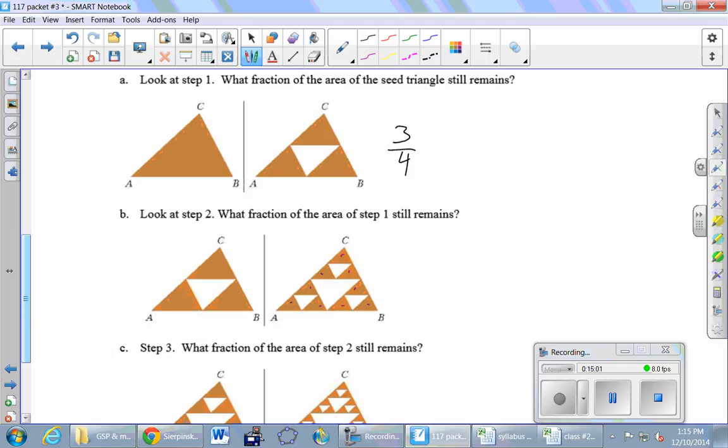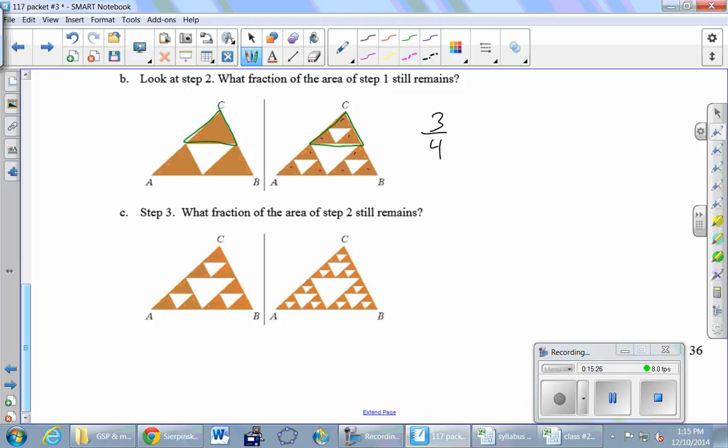I think that makes sense because if you just look at this guy compared to what it used to be, what fraction do we have for just the top part? 3/4, and it's the same consistent pattern everywhere, right? So if everything is 3/4 of what it used to be, then the whole thing is 3/4 of what it used to be.